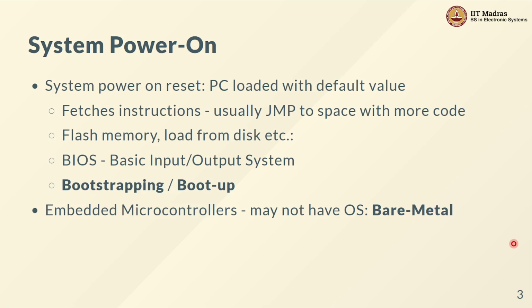So let's assume that somehow, once again, I have managed to set up my hardware in such a way that the very first address generated by PC corresponds to a location that, when I try fetching an instruction from there, gives me back valid instructions. Now, when you switch on your computer, you might have come across this term BIOS, the basic input-output system.